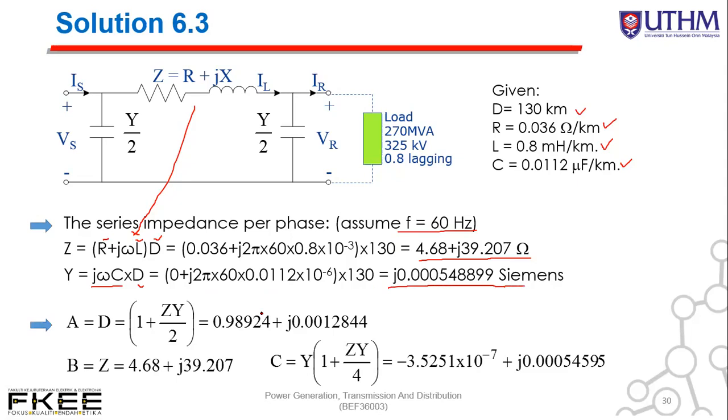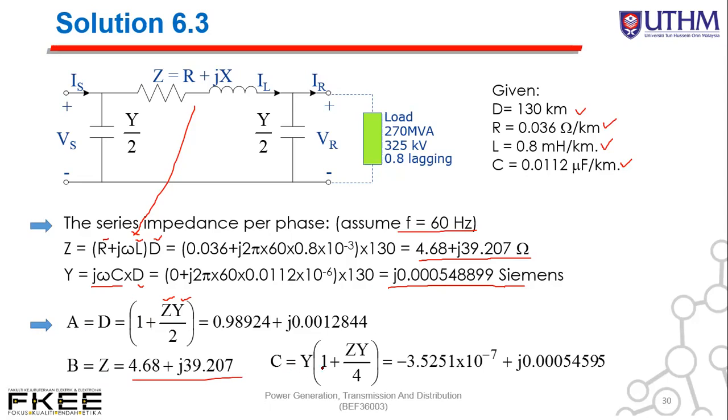From the ABCD parameters, we can calculate A equal to D equal to 1 plus ZY over 2. Just replace the values of Z and Y. So we got A equal to D equal to 0.98924 plus j0.001284. B equal to Z, so B equal to 4.68 plus j39.207.